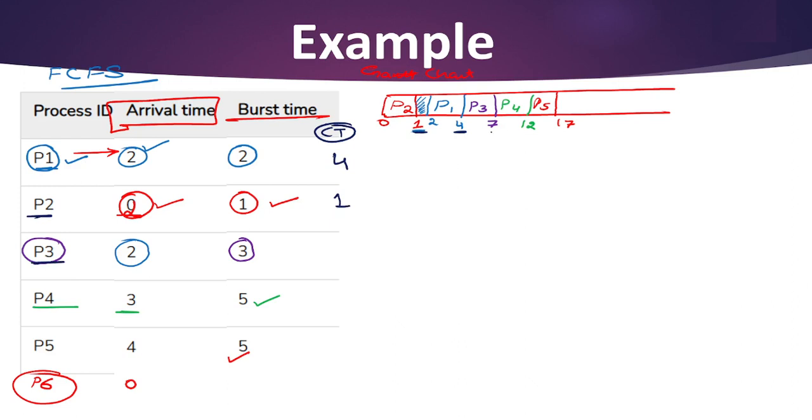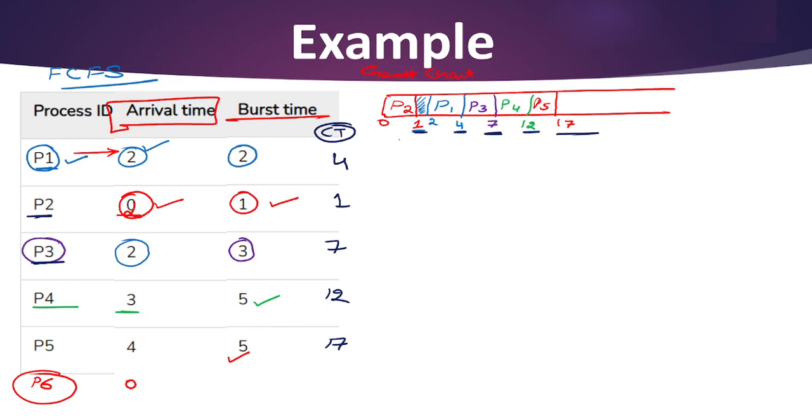Completion time for P3 is 7. And P4 is 12. P5 is 17. You need to check the Gantt chart. If your Gantt chart is wrong, then there are 100% chances that your answers will be wrong. So practice as much as you can. Only then will your answers come out absolutely correct.